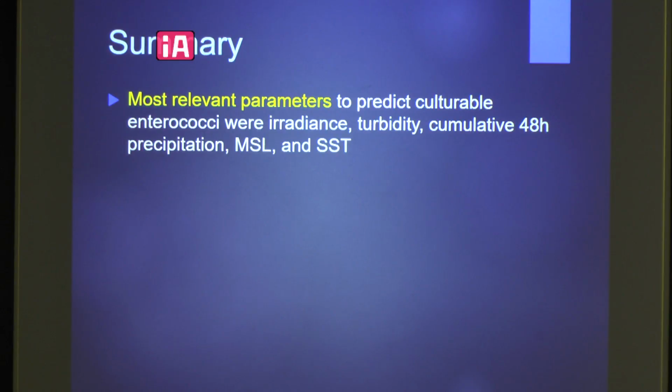the most relevant parameters were identified, which are these 5 that I just put here again for all of you to see. What I want to mention here is that the first 2, irradiance and turbidity, are from satellite-derived data. This is data that we don't actually go collect every time we do sampling for culturable enterococci.